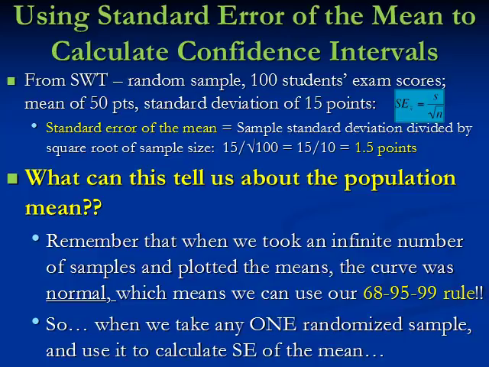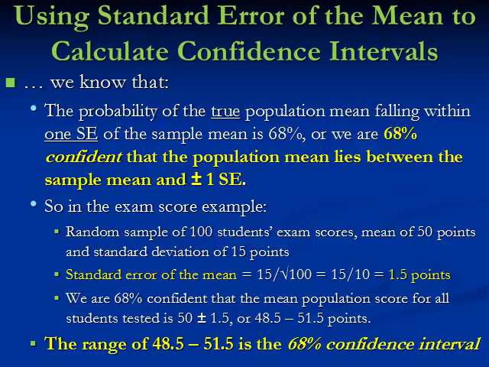And because we took a large, well-randomized sample, our sample here is well over 30, right? We've got 100. So when we use it to calculate the standard error of the mean, we can come up with our confidence intervals, right?